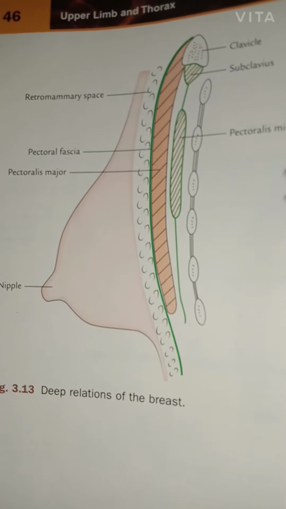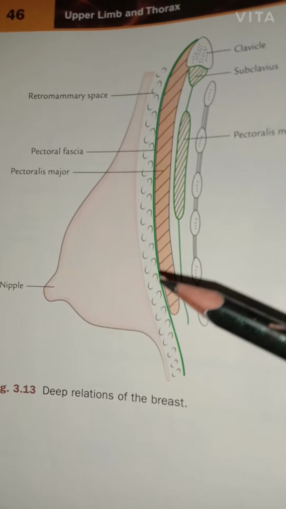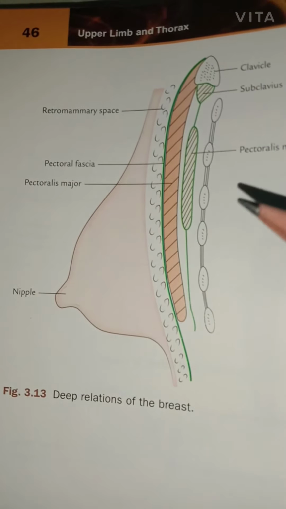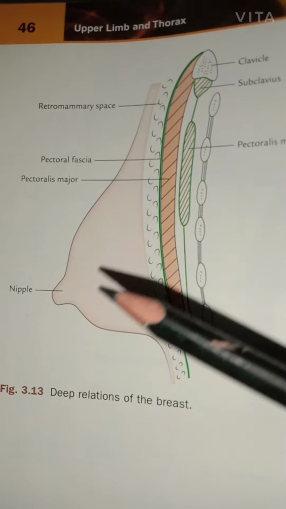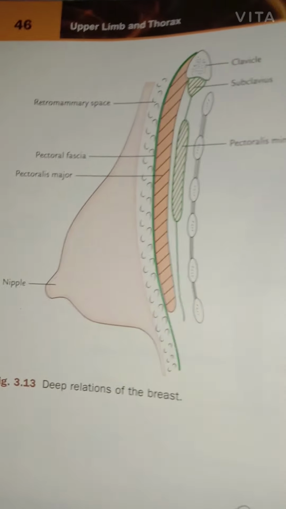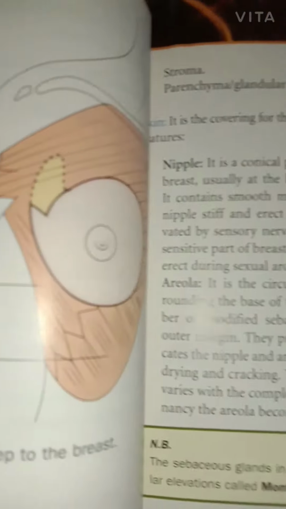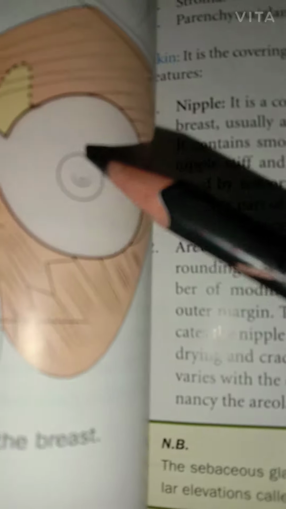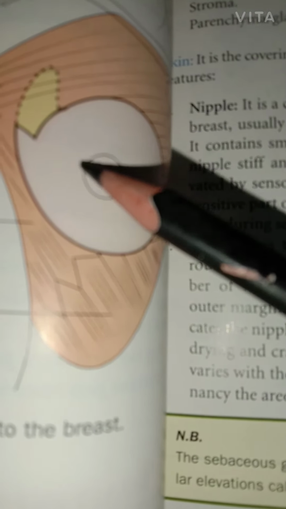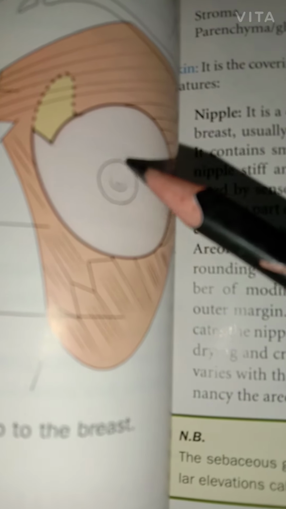The skin surrounding the nipple is pigmented, and it forms a circular area called the areola. Here in this diagram you can see this part is called the areola.